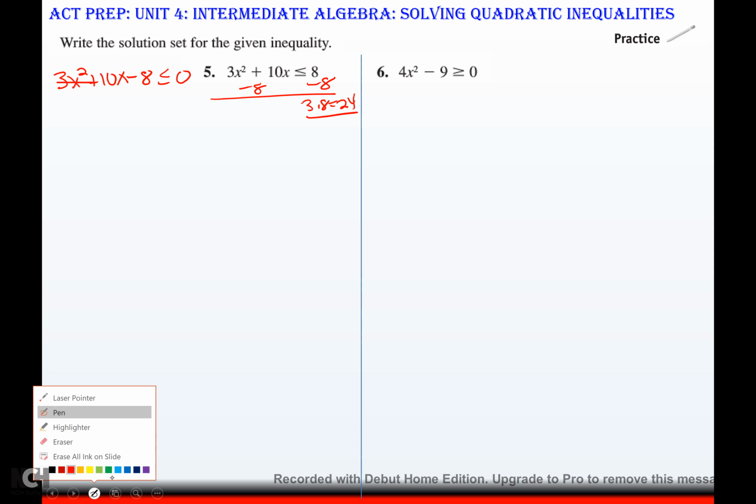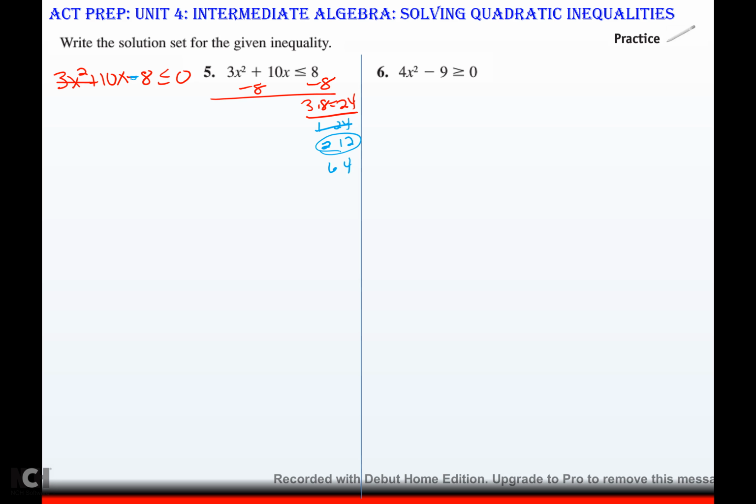Factors of 24 are 1 and 24, which won't make 10. 2 and 12 will, so will 6 and 4. Remember, it's very rare for you to be able to make b two different ways, but when you can, only one's going to work, and c will tell you. I need the pair that is subtracting to make 10, which means I need the 2 and the 12.